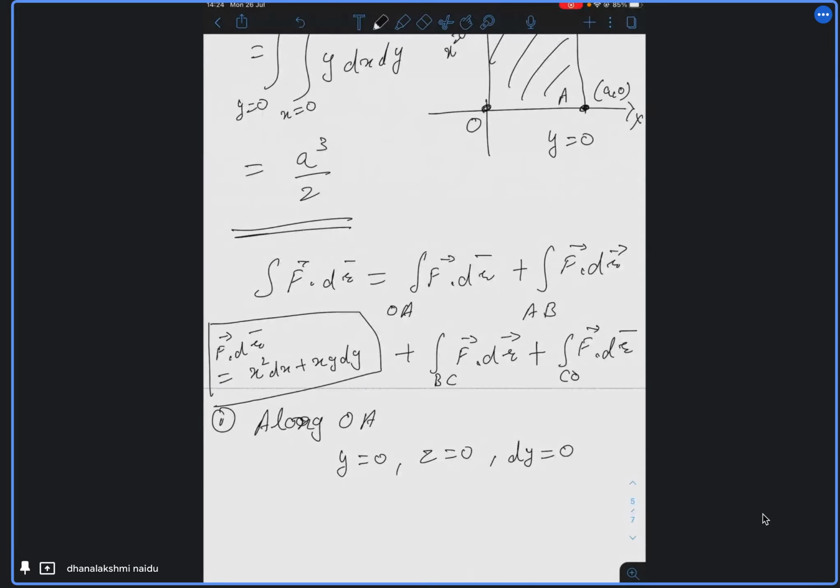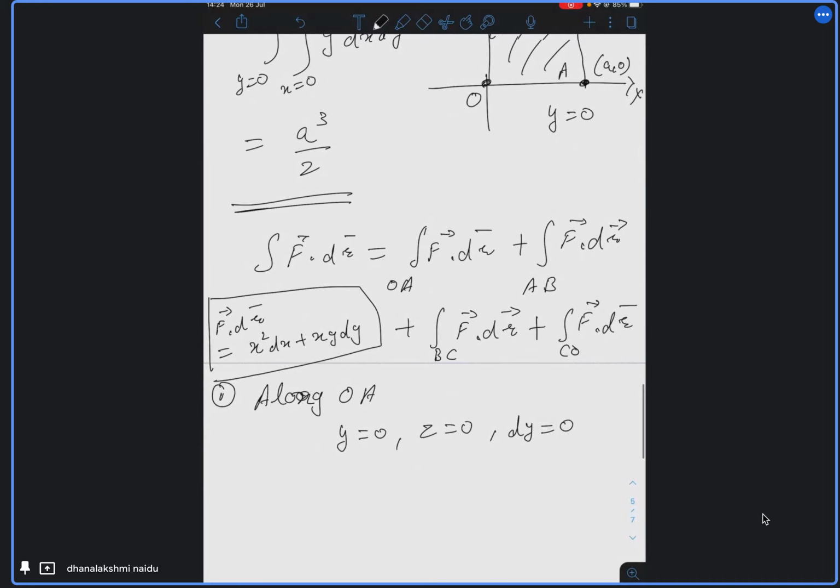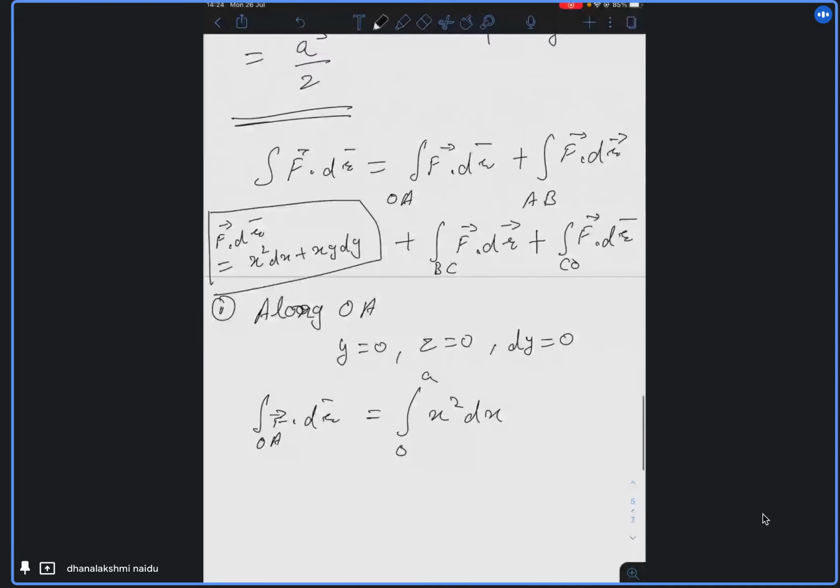So the line integral along OA of f bar dot dr bar is the integral of x square dx, x from 0 to a. In the second term, y is 0 and dy is 0, so there won't be any second term. When you integrate, you will get x cube by 3, and with upper limit a, a cube by 3. Is it correct?